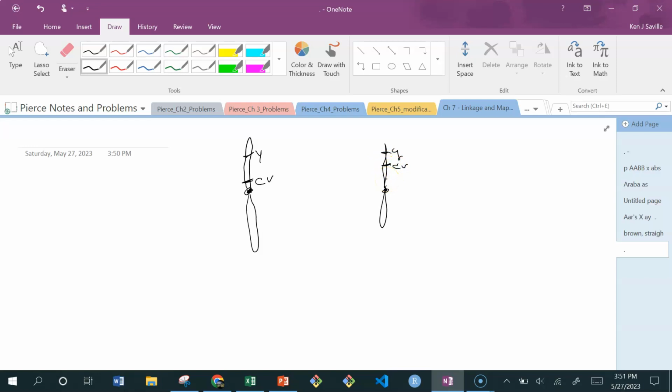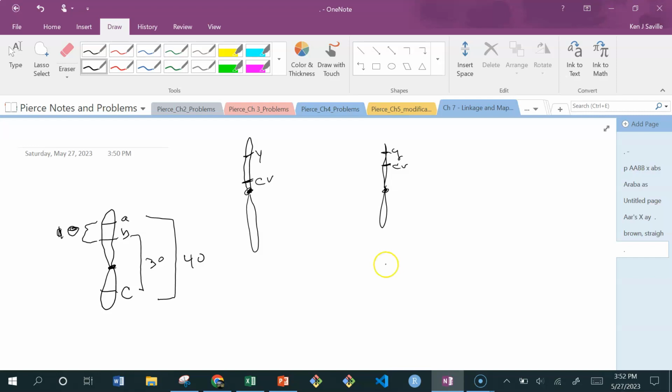So if you have a bunch of genes on a chromosome, so we have the A gene here, the B gene here, and the C gene here, the genetic distance here might be 10, and then the genetic distance here might be 30, that looks pretty far away, and then maybe the genetic distance here is 40. So the closer they are together, the lower this number is. And I'll talk about why in a minute. But we can use recombination frequency to make a map of how close genes are together on the chromosome.